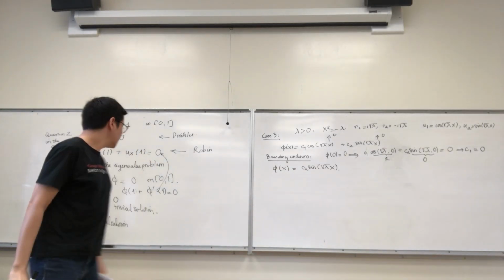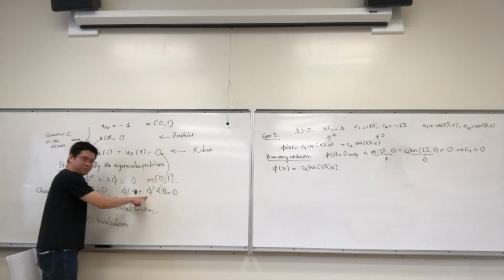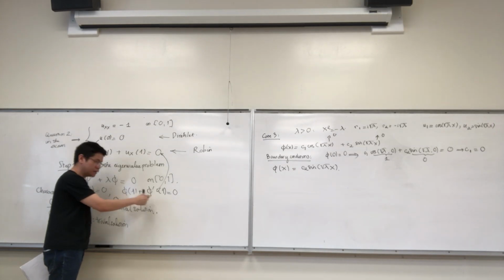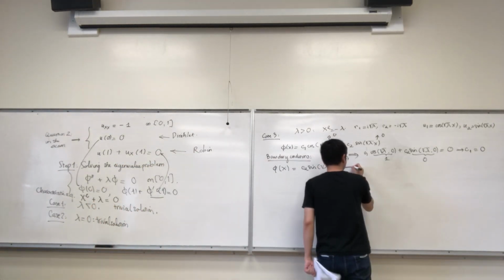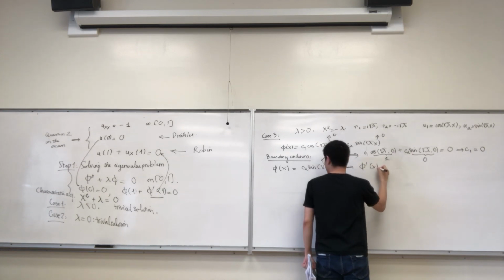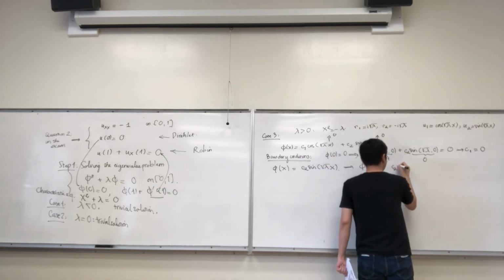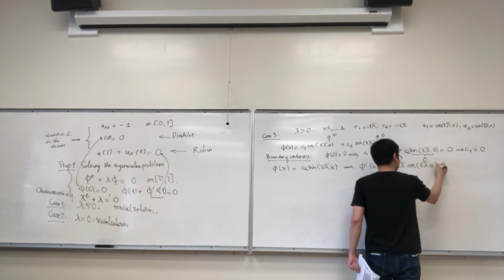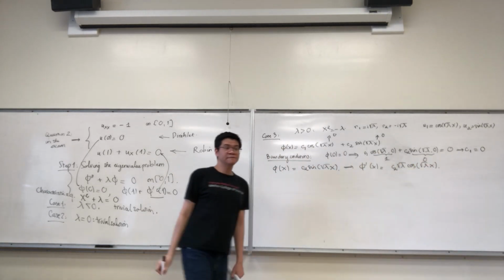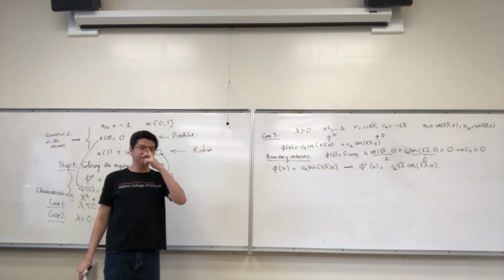That's clear. So now I'm going to have to compute the derivative because here I have phi prime at 1, right? So phi prime of x will be c2 square root of lambda cosine of square root of lambda x. All right? It's clear.